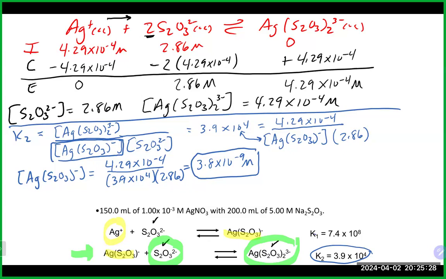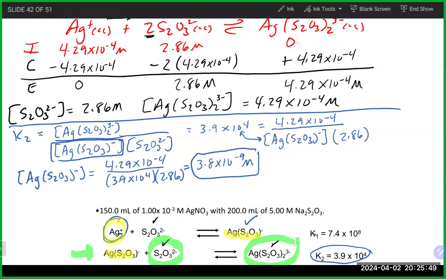Now, since I'm going step by step here, I'm going to use the first step, because what I just solved for was this species, which means the only thing I'm missing from the first step is the silver, which I'm looking for. So I will now use the first step to figure out my silver's concentration.